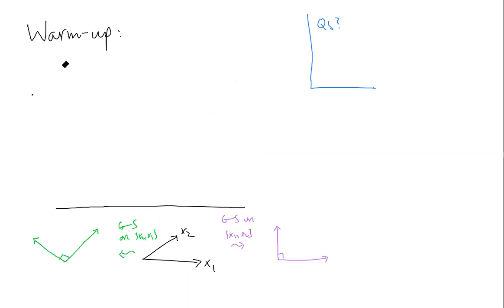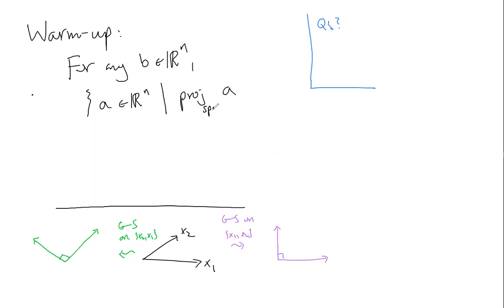So let me write that. For any B in Rn, the set of vectors A such that the projection of A onto the span of B equals 0. This set of vectors is a subspace.